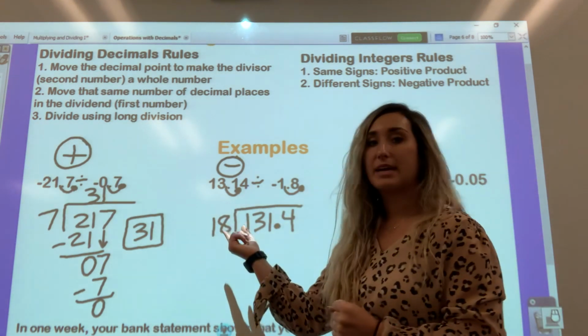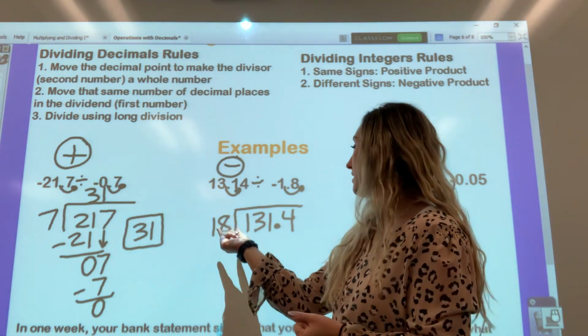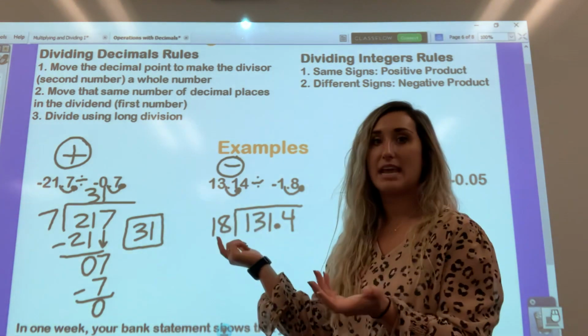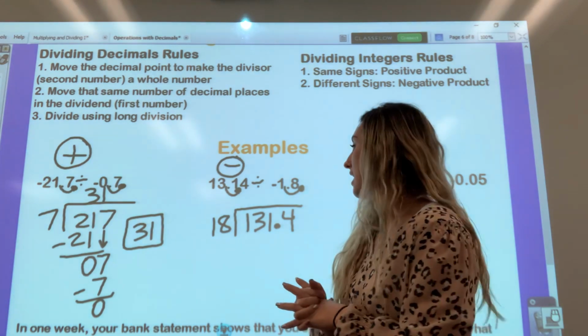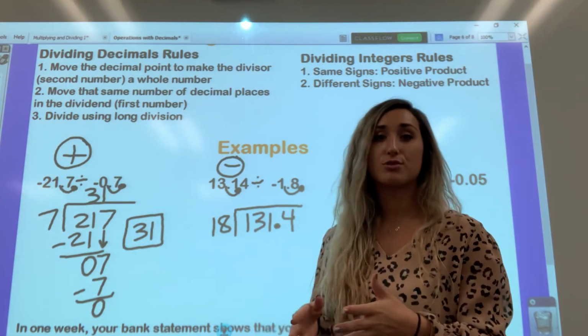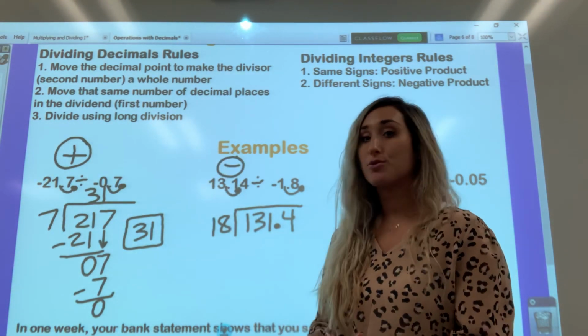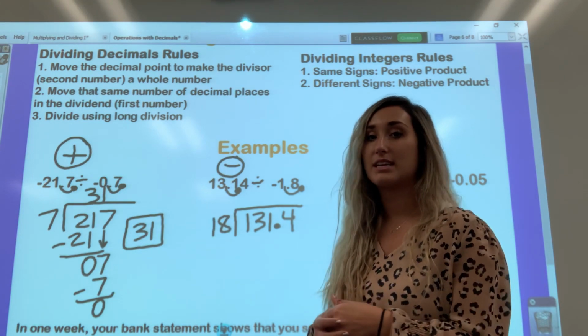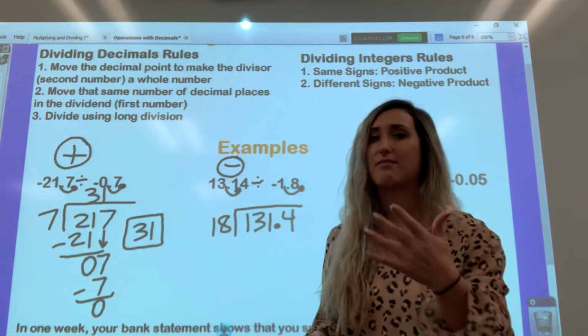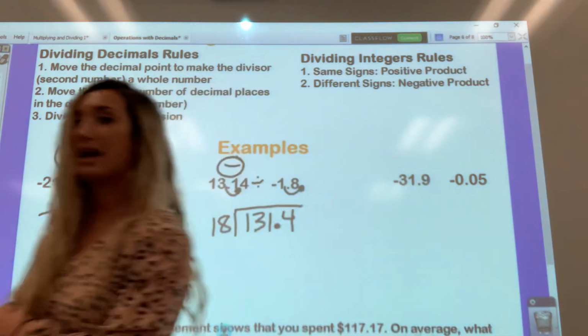When you have a big number that you're trying to figure out how many times does 18 go into 131, what I like to do is just do a Google search of the multiples. So you can look up multiples of 18 and just list them out so you don't even have to think about it. So let me go get mine.